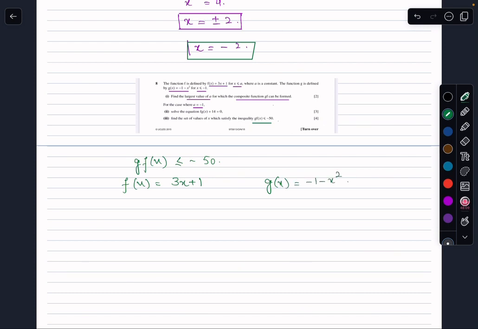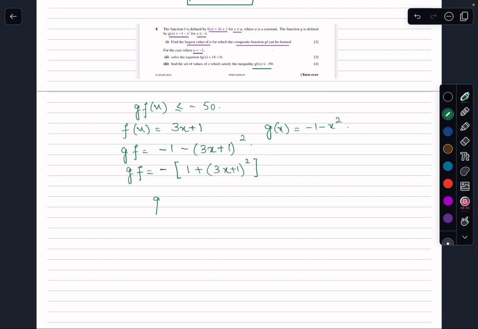To find gf, in the function g, I will be substituting the function f in place of x. So this becomes 3x plus 1 the whole square. Or I can say g of f is equal to, taking the negative common, so that I'm left with 1 plus (3x plus 1) the whole square.